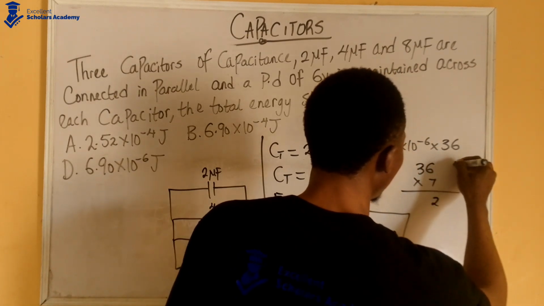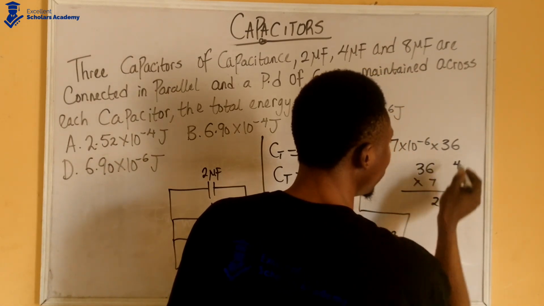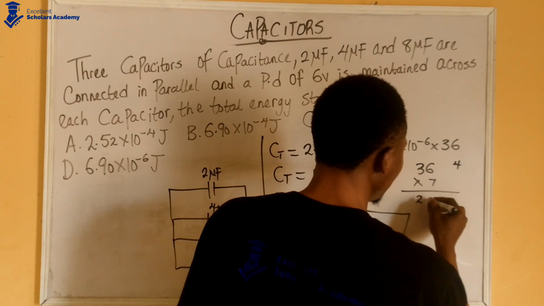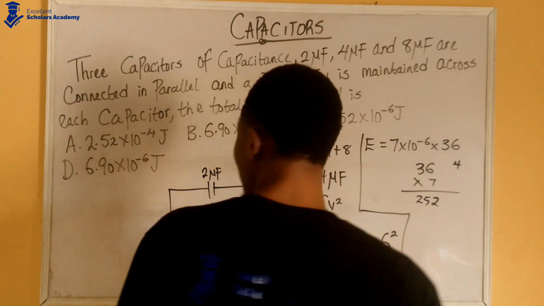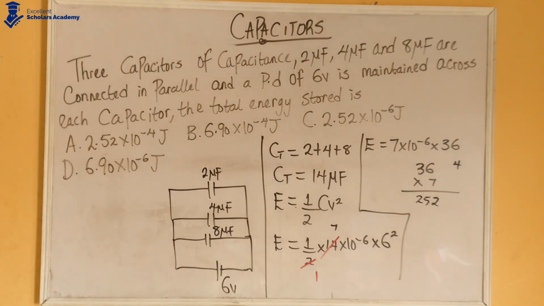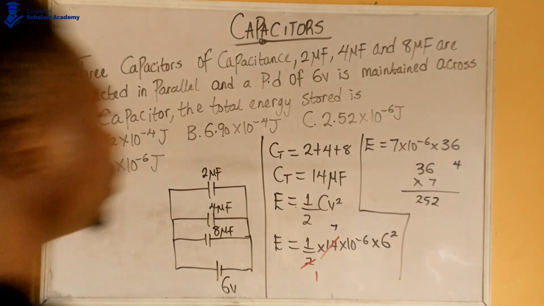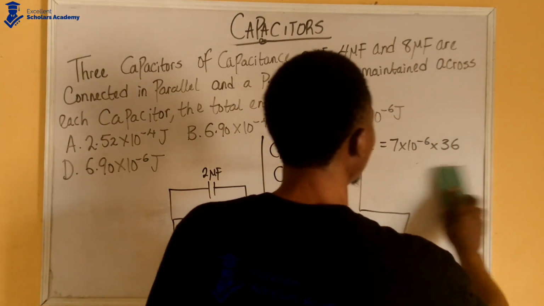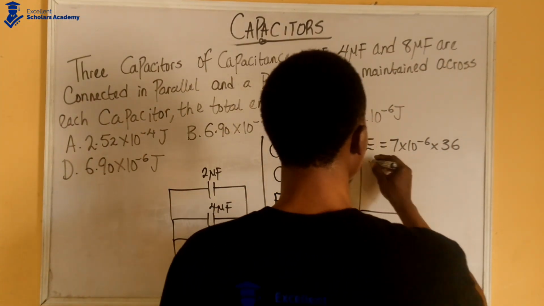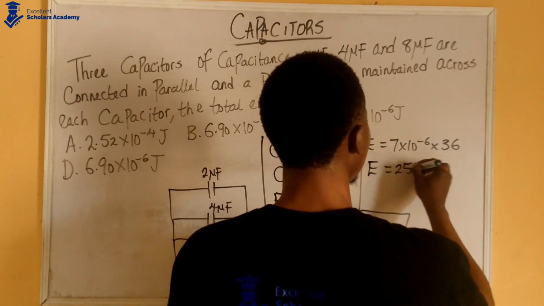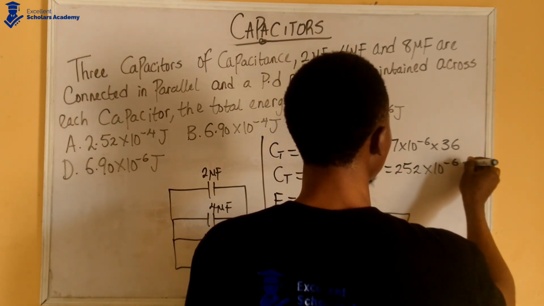So that's 2 carry 4. 7 times 3, 21, plus 4, that's 25. That's 252. So 7 times 36 gives us 252 times 10 to the power of minus 6 joules.